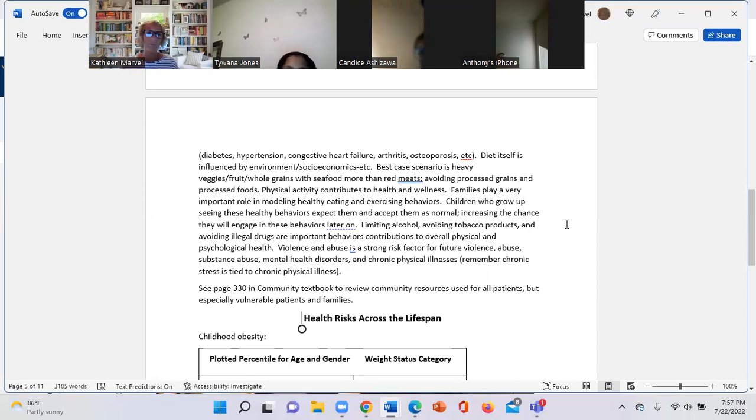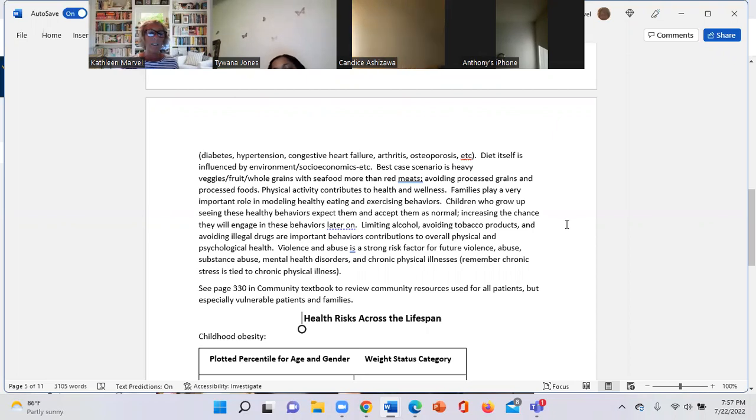Physical activity. That's why we do so much education in the community about lifestyle choices. And then parents, obviously, families play a very important role in modeling healthy eating. Maybe, if your parents eat fruits and vegetables and that's what you're feeding your kids, hopefully that's going to be what they continue with. Right?